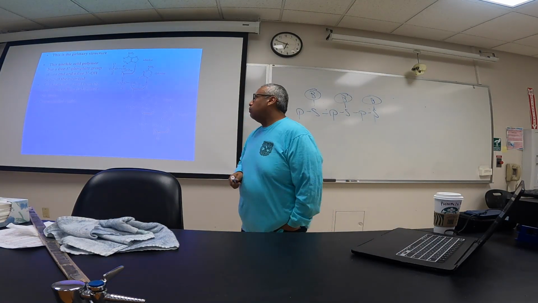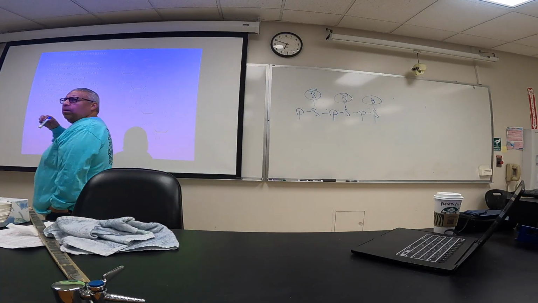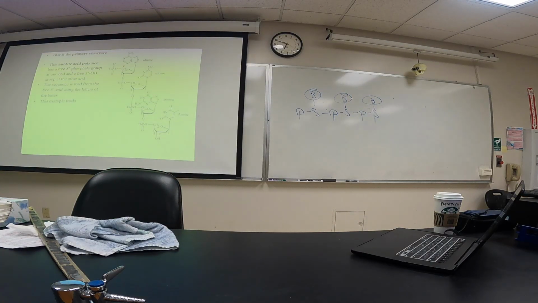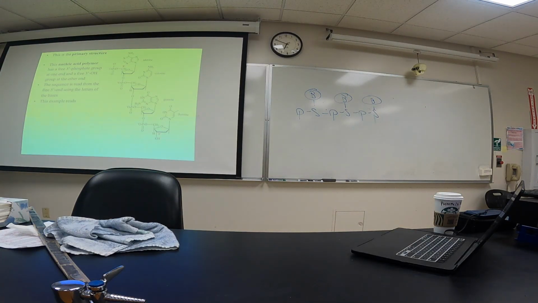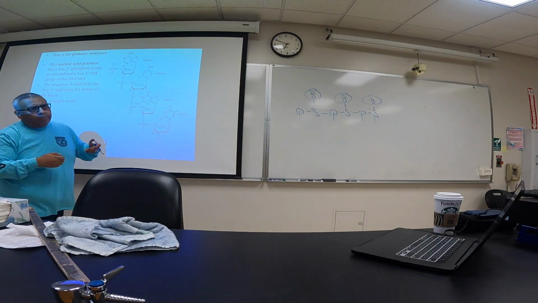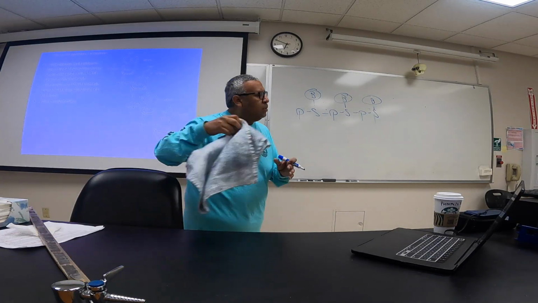So looking at our primary structure again, it's just the order of nucleotides. For proteins, the primary structure was just the sequence of amino acids. What order do I put those in? Same thing for nucleic acids: the primary structure is the order of these nucleotides.